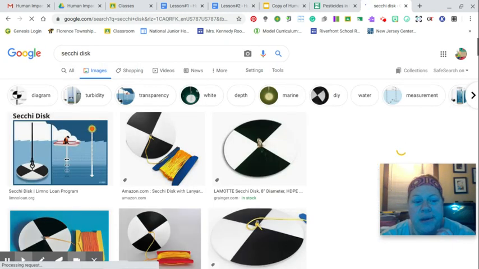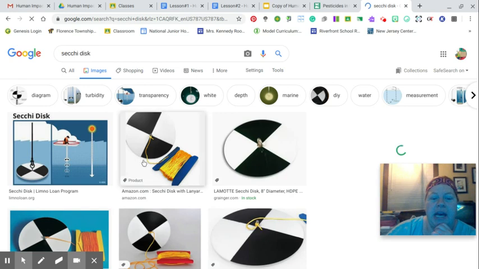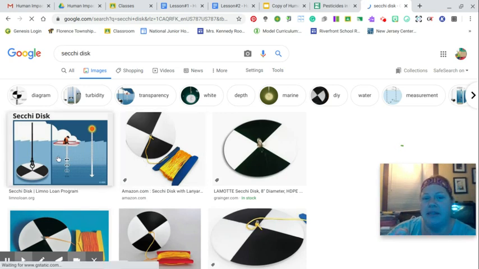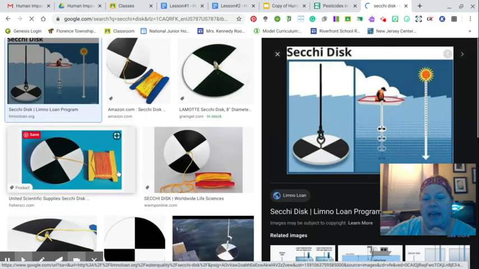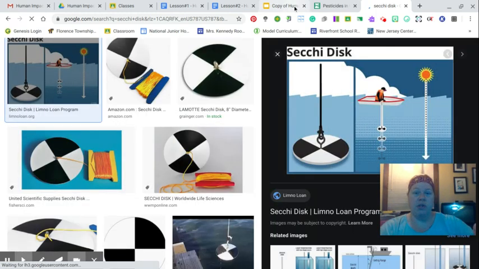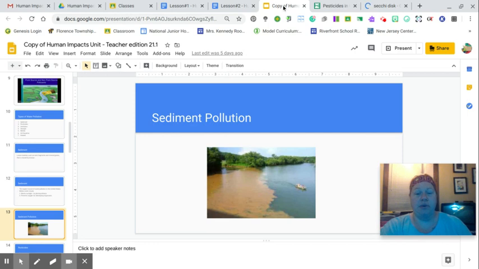So you need to have a specific length of rope, and it's usually marked. Ours were marked with knots at each length, and you basically drop it in. So if you imagine dropping it into this water, once you cannot see the differentiation in color, like the white between the black where they're touching, then you would mark where that was at the water level.